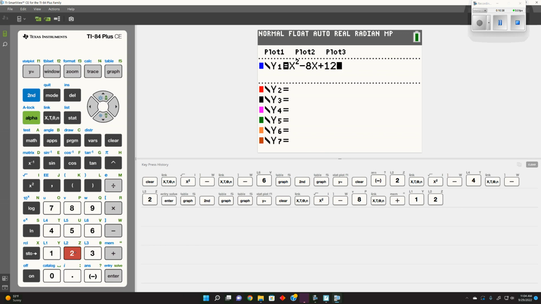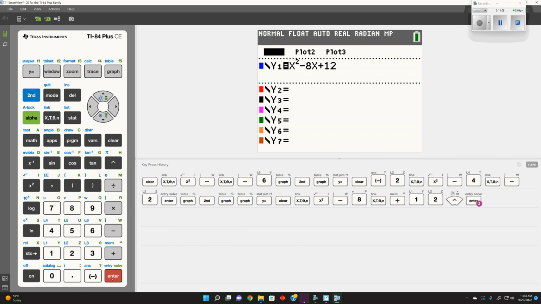Now, one of the things I will tell you all to pay attention to is if you see up at the top, it says plot 1, 2, and 3. If any of those are in bold, like it looks like they're highlighted, instead of here where the print is black and the surrounding is white, if the surrounding's black and the print is white, you'll need to go up and select it and hit enter. So if it's looking like this here, we need to hit enter to turn it off.